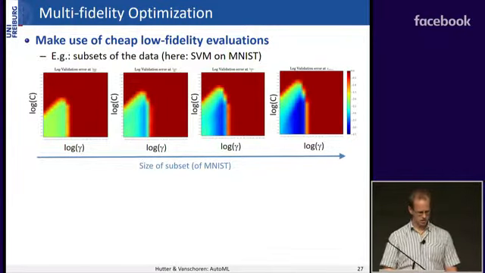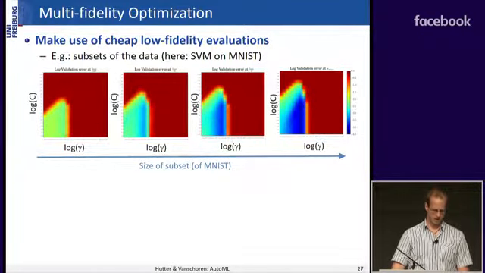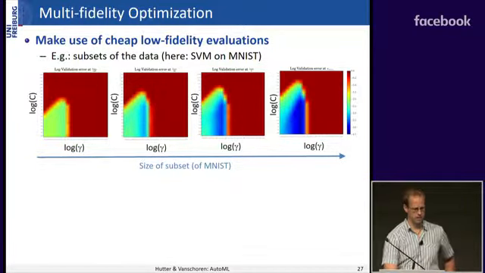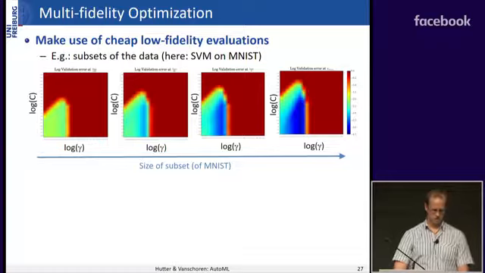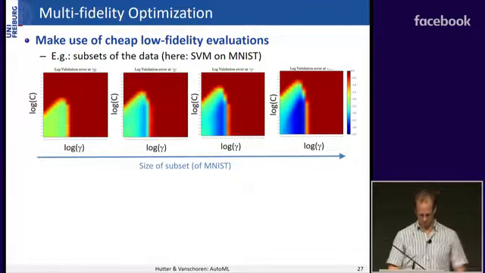In particular, you don't want to do a lot of function evaluations over here in order to figure out that this area of the space is bad, if you can figure this out already on these much cheaper approximations. And importantly, doing function evaluations over here is about 10,000 times cheaper than over here because SVMs scale superlinearly in the number of data points.